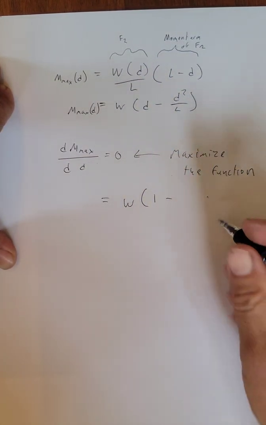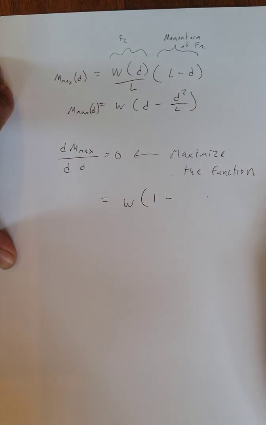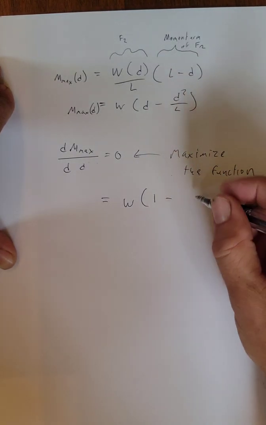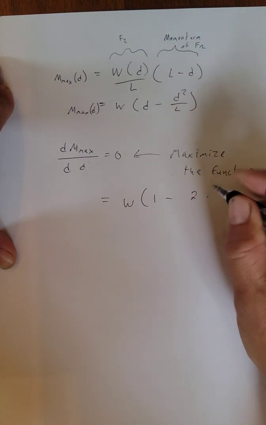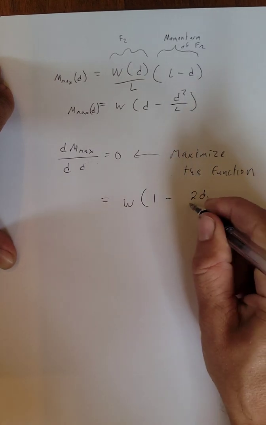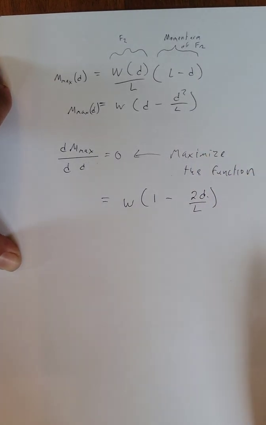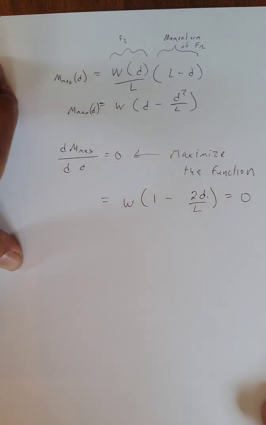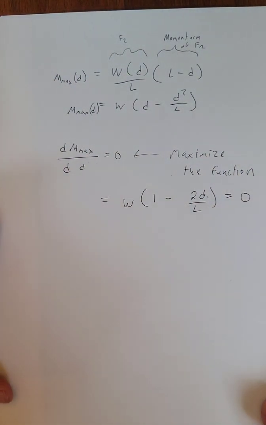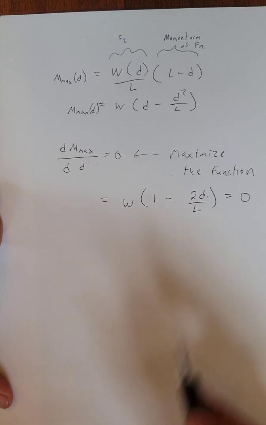And the derivative of d squared with respect to d is going to be 2 times d over L here. And we want this quantity to be equal to 0. This is going to give us the maximum value of maximum moment for the independent parameter d.